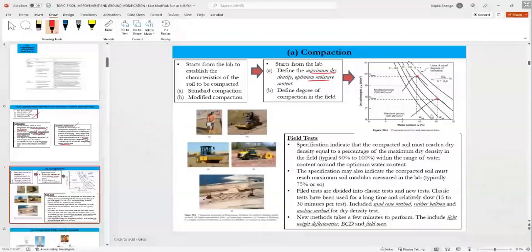Now, the question is, what's the difference between standard and modified compaction?